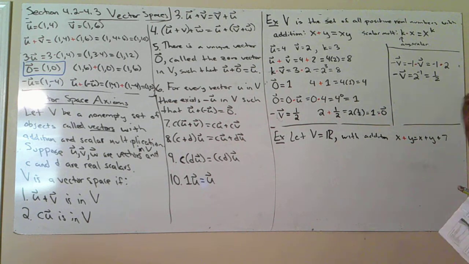So when I add these guys together, the result is going to be the addition of x and y, just like we normally have it, but then I'm going to tack on a plus 7.